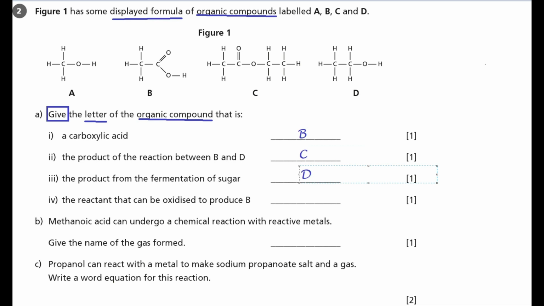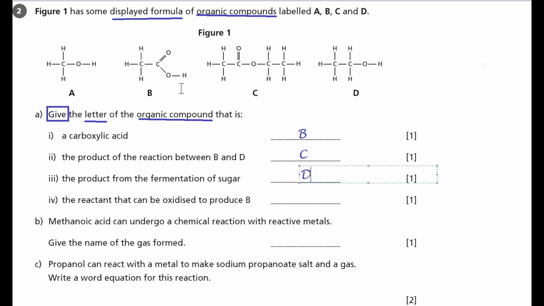Part 4. The reactant that can be oxidized to produce B. So oxidation reactions are when oxygen has been added to something. Now, when you leave ethanol open to the air, the oxygen in the air reacts with the ethanol to make ethanoic acid, a carboxylic acid. And this here is an oxidizing reaction.